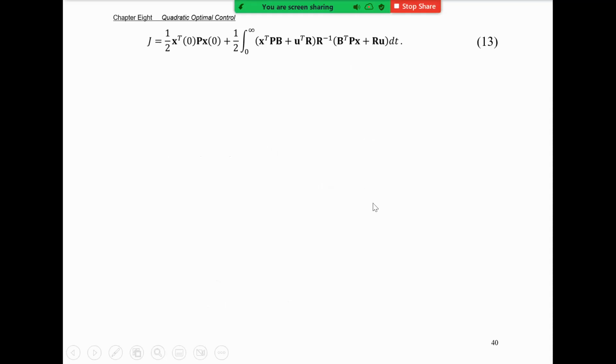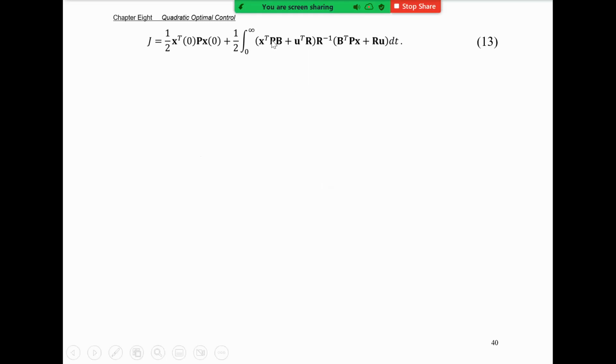Then we reorganize. We can express the cost function in terms of the linear function, and also there is an integral of a quadratic form. On this quadratic form, we know R is a positive definite matrix.